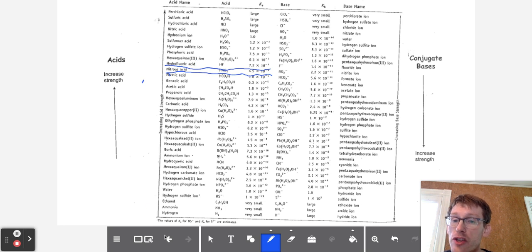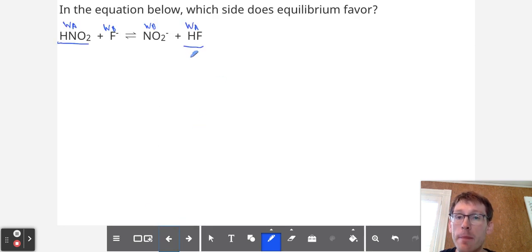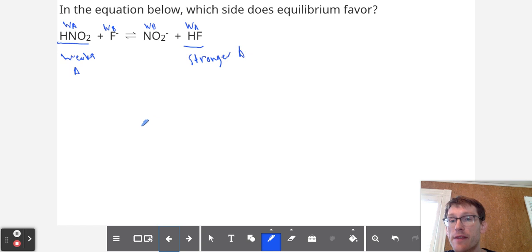So HF is stronger, and I'll say this is my stronger acid, even though it's not particularly strong, and I will say that we have a weaker acid in the HNO2. And that alone is going to be enough for me to tell that the left side is going to be favored.